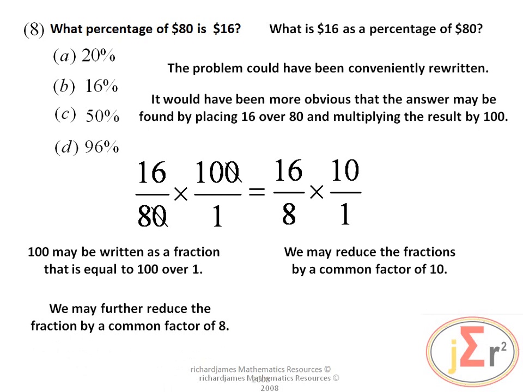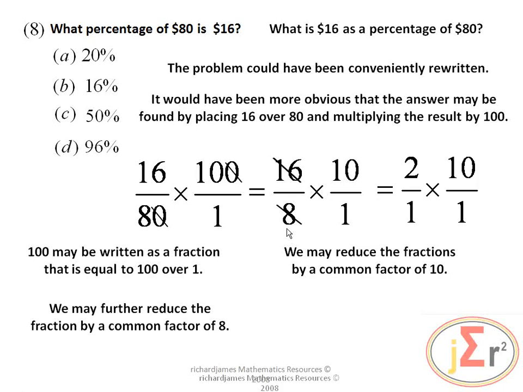What do we mean by a common factor of 8, Jerry? Very good. It means that there is a number that is divisible by 8 in the denominator and a number that is divisible by 8 in the numerator. And of course, 8 into 8 is 1 and 8 into 16 is 2.